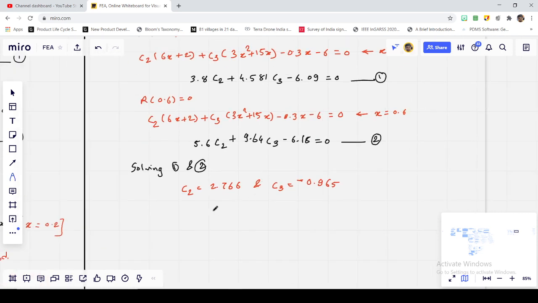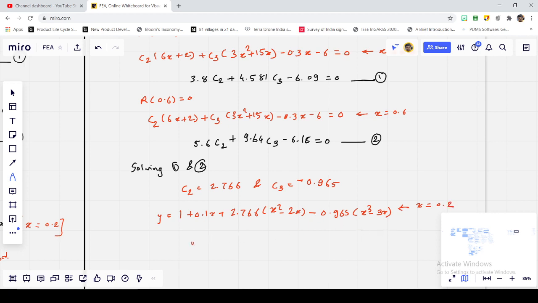And then you try to substitute this into the y equation. We already have the y equation: 1 plus 0.1x plus 2.766 x square minus 2x minus 0.965 x cube minus 3x, and we will be substituting x is equal to 0.2 in this.